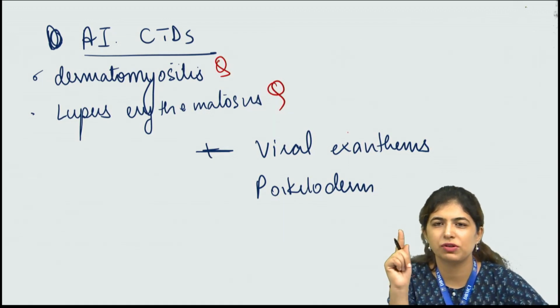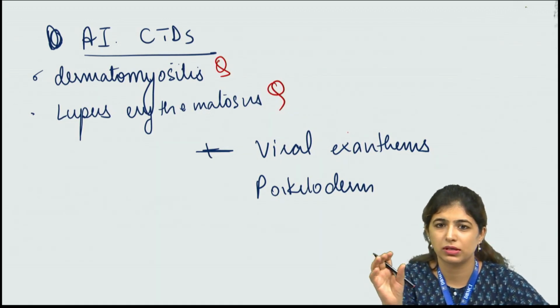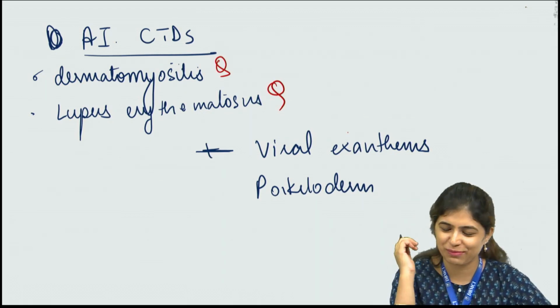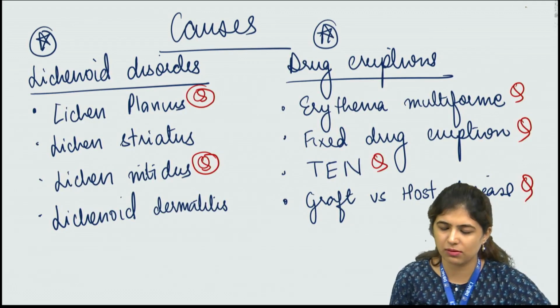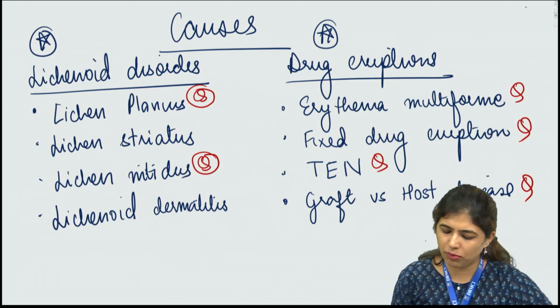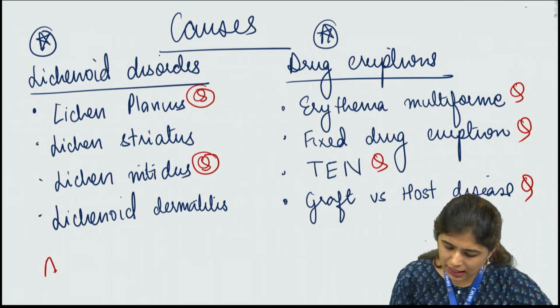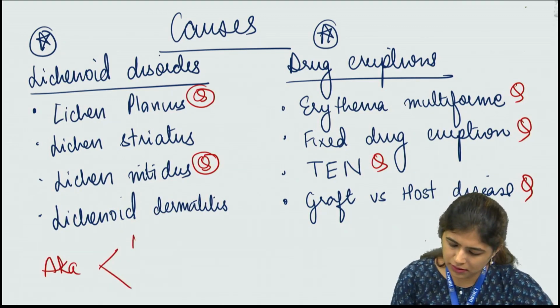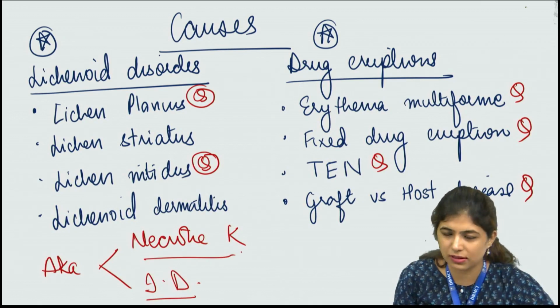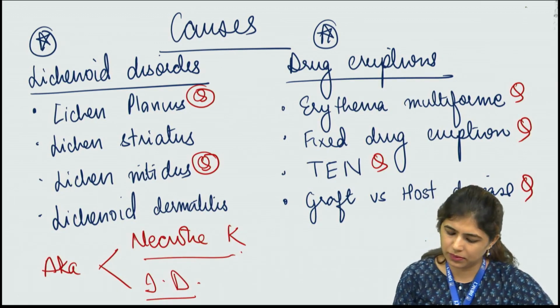Every cause of interface dermatitis is askable. Askable, actually, that is the term that I use. Okay? So these are the important causes, that is, the causes of necrotic keratinocytes and the causes of interface dermatitis. Clear? Good.